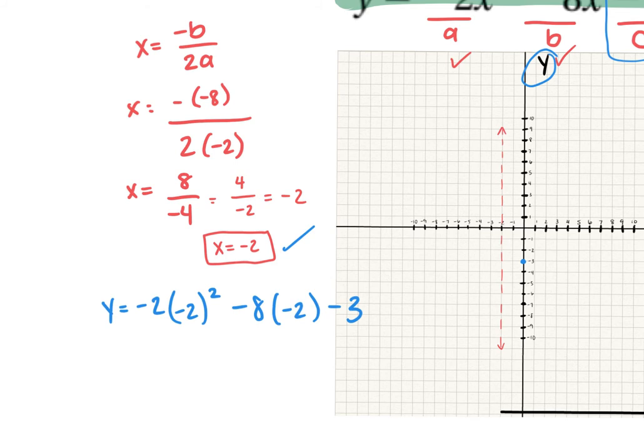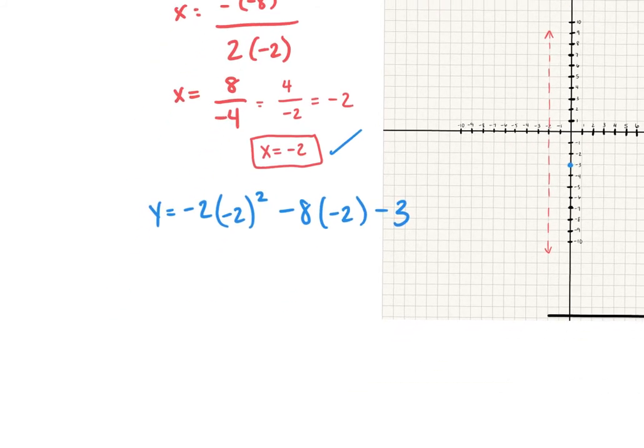Now comes the part where we have to be very careful with our negatives. Nicole, you want to give it a shot? Is it y equals... Let's take it one step at a time. -8? Ooh, good. But let's do -2 times, what's -2 times -2? +4 inside the parentheses. You're right, it is eventually -8.